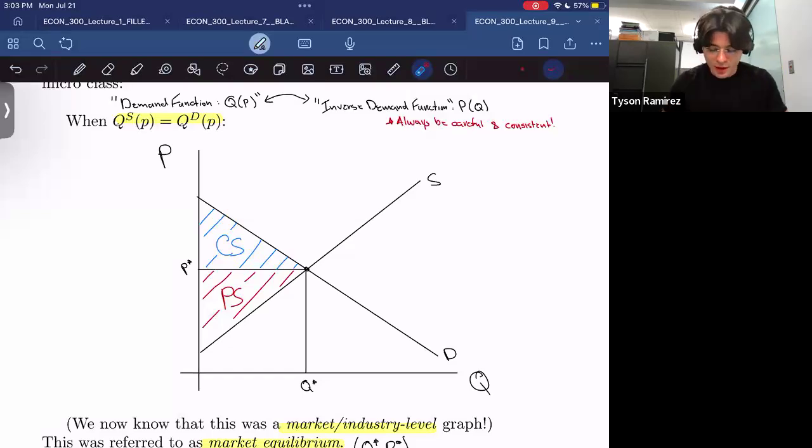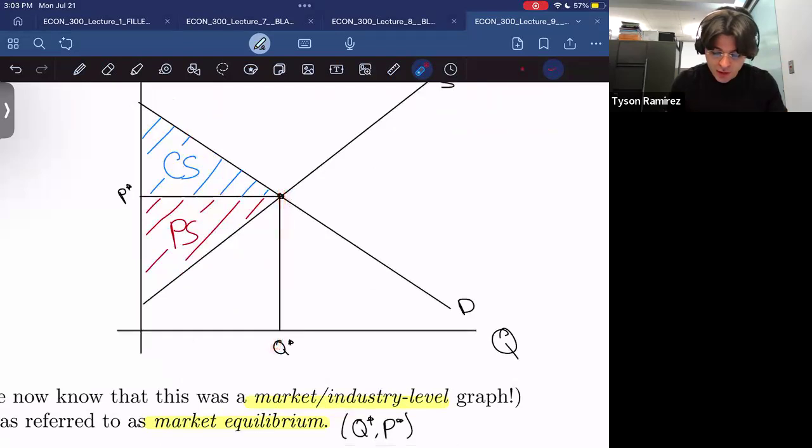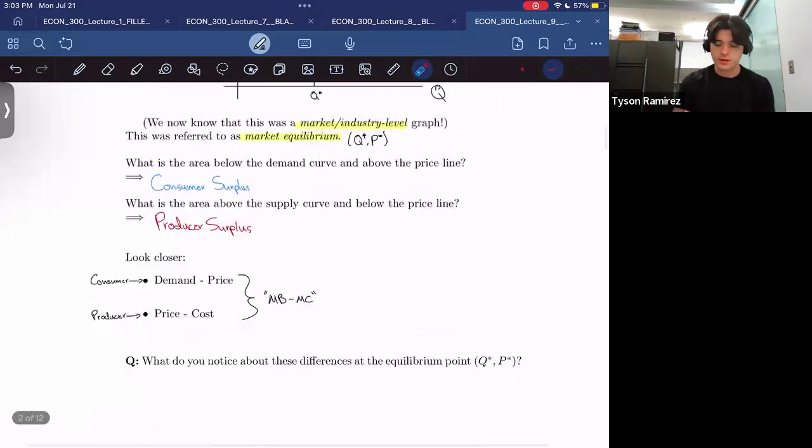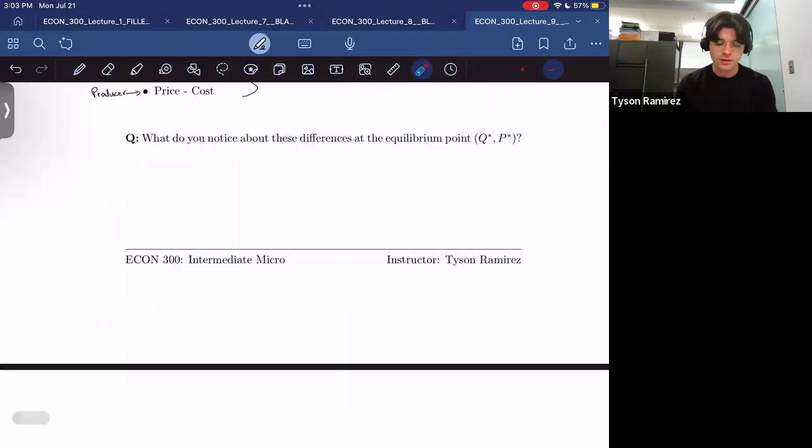If I'm only considering right here, then the demand curve and the price line are touching. They are exactly together. There's no distance between them, and so there's no surplus at that quantity. Everybody who wants to buy something at a price at or above the market price is able to buy it.